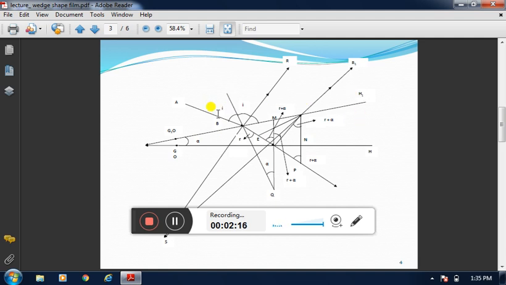The light ray falls on the upper surface of the film at point B. At point B, it is split into two parts. The first one is reflected and the second one is refracted. As per the law of refraction, it is refracted at angle i.